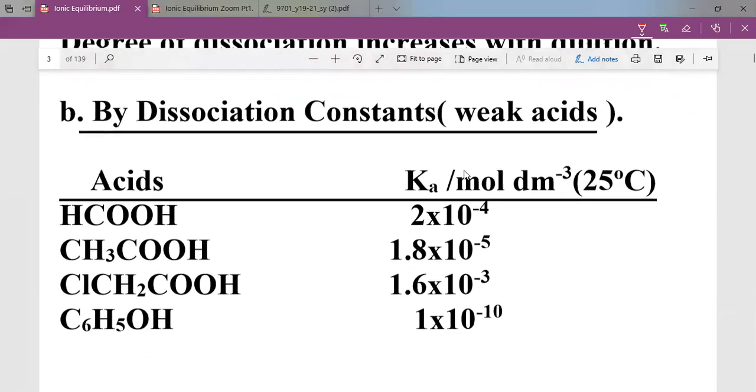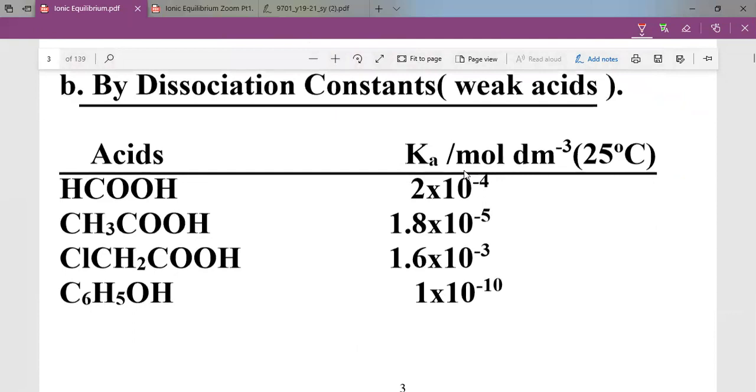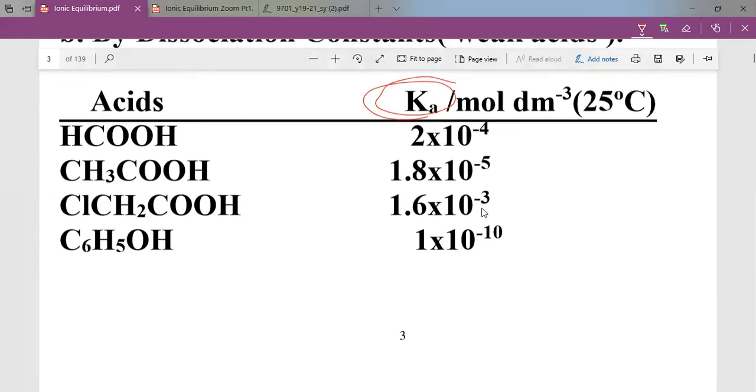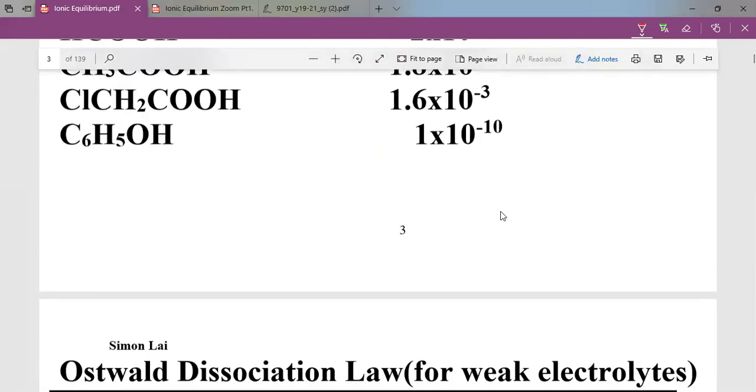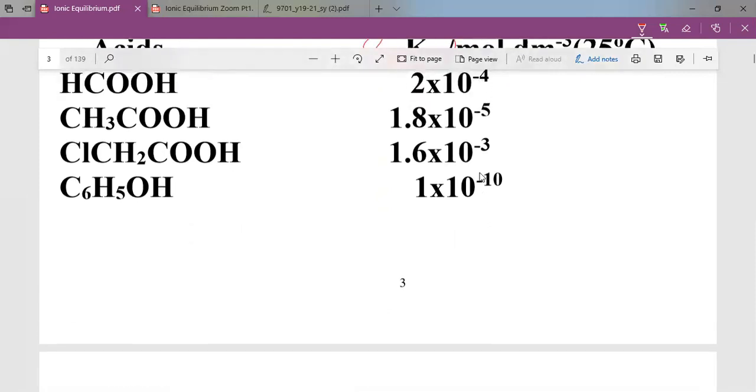Now the other one, of course more important, is the dissociation constant, the Ka. The bigger the Ka, the more acidic. Why? Because Ka is a measurement. For example, here is a common acid, CH3COOH, plus water, equals CH3COO minus plus H plus.